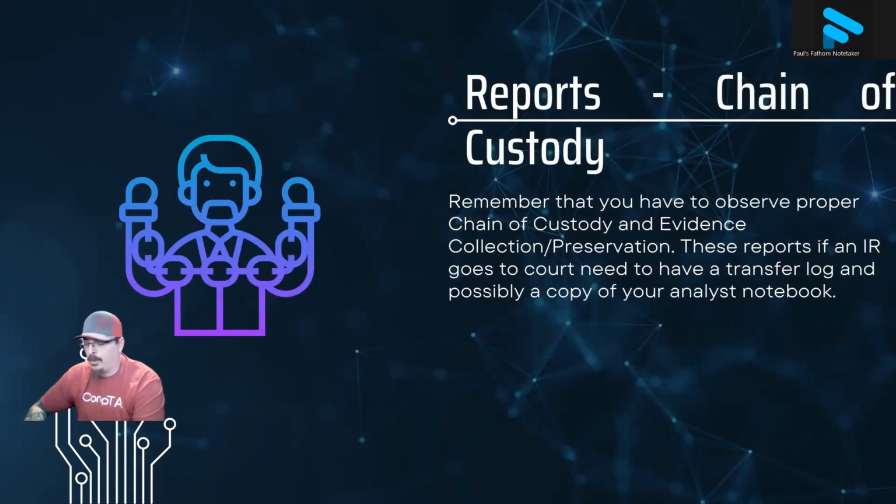Then you got your chain of custody report. We alluded to it on the incident response report or your forensics report, but you have to remember to observe proper chain of custody and evidence collection and preservation.